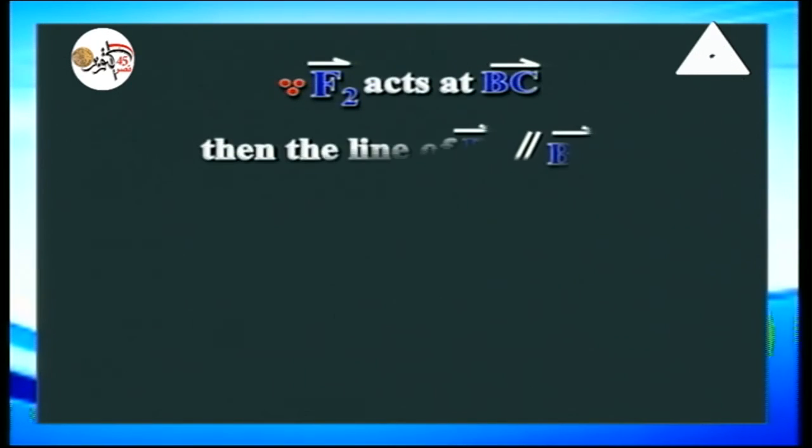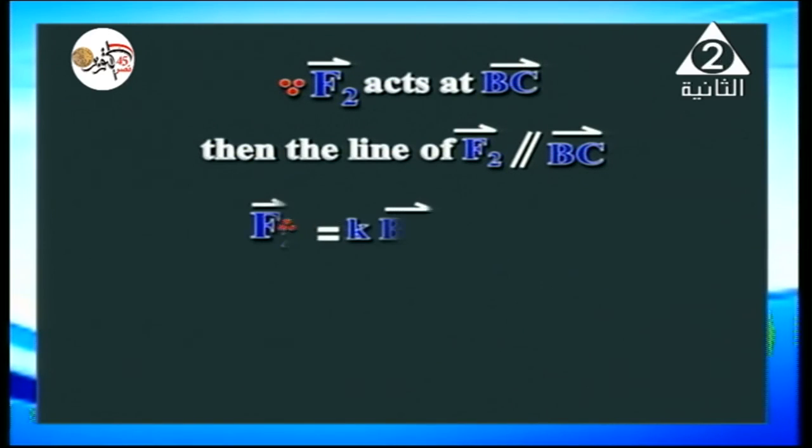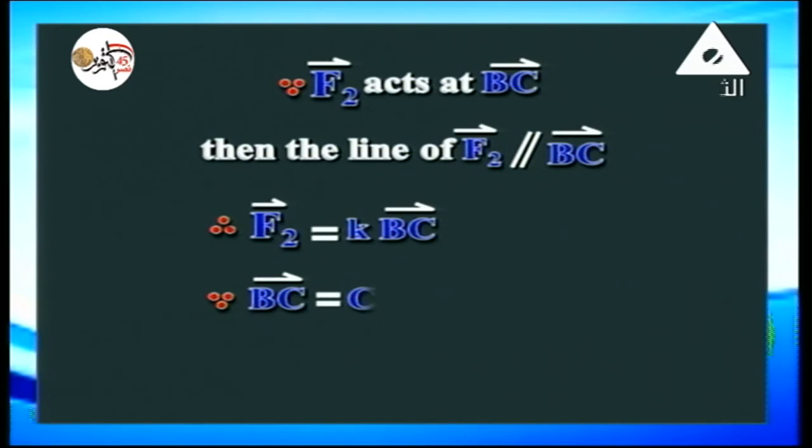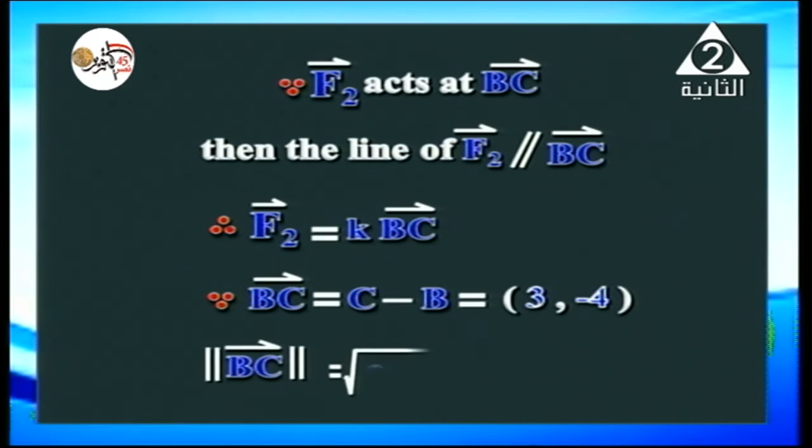F2 acts in the BC direction. Then the line of F2 is parallel to BC. By the same method, F2 equals k times the BC vector. The BC vector equals C minus B. We subtract the first component and the second component. The answer is (3, -4). What is the norm of BC?